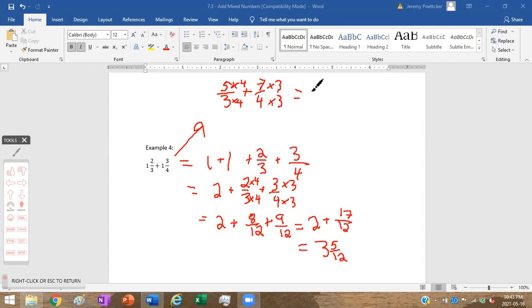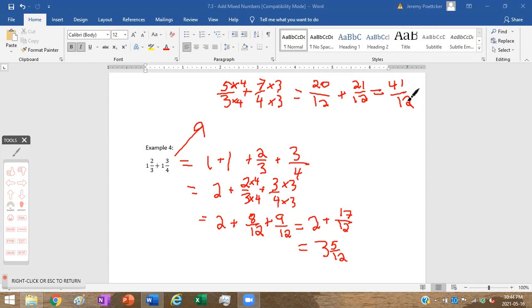So we've got 20/12 plus 21/12, which is equal to 41/12. Now we got to do a little bit of division. 12 will go into 41.